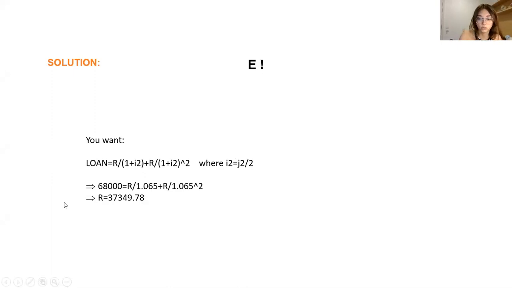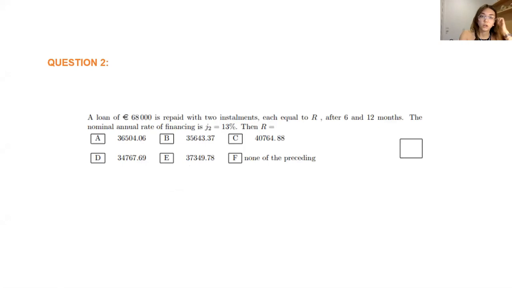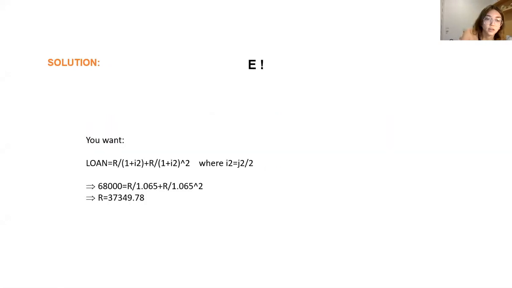So here you have your loan, the initial closure condition. You have your loan, 68,000, that has to be equal to the first installment, R, that you're searching for and discount by 1.065, which you got by dividing J2 by 2, plus the second installment that you discount by the same rate, but squared. Then you just have an equation with one unknown, and you find R.